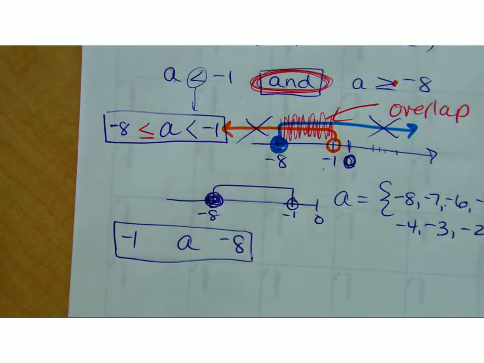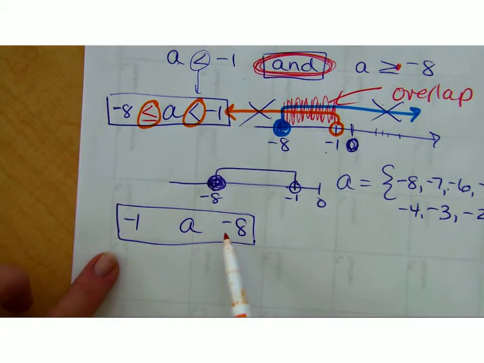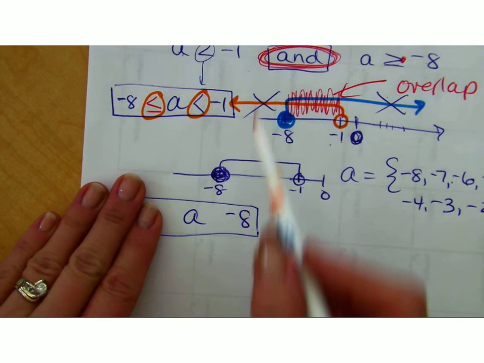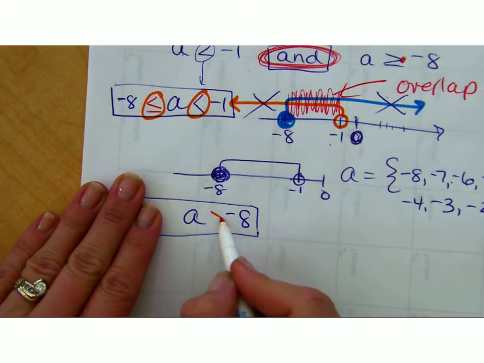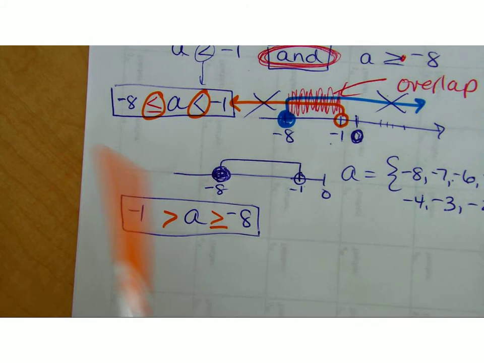They had better both be pointing the same direction if you're talking about an in-between. If you chose to write it that way, fine. If you chose to write with the -8 here, then they're both going to go this way. You'll see them both ways, please be aware. So whether they both go left or both go right depends on your placement of your numbers. Are you with me? Okay?